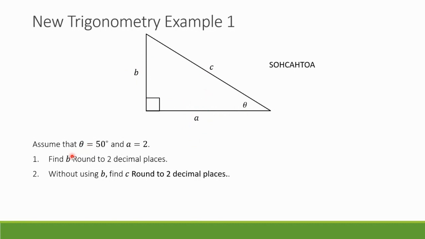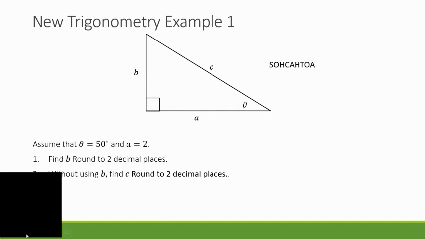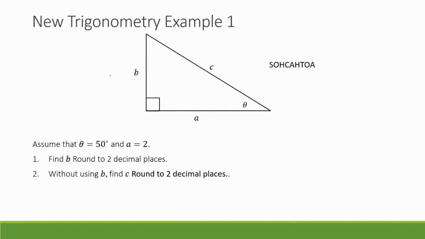So how would you find B? You have to figure out what trig function you're going to use. B is the opposite side, A is the adjacent side, and C, of course, is the hypotenuse, because it's opposite the 90-degree angle. For B, we have opposite, and we know the adjacent side, which is 2.